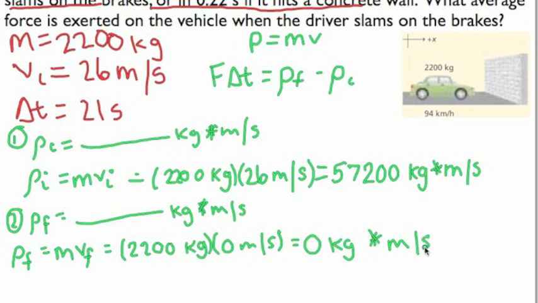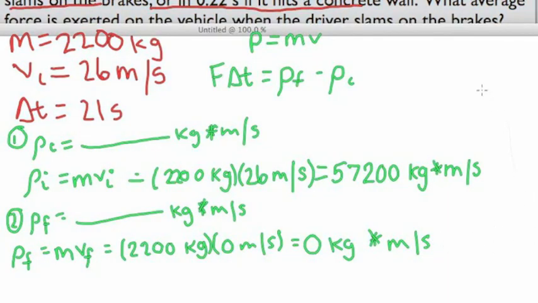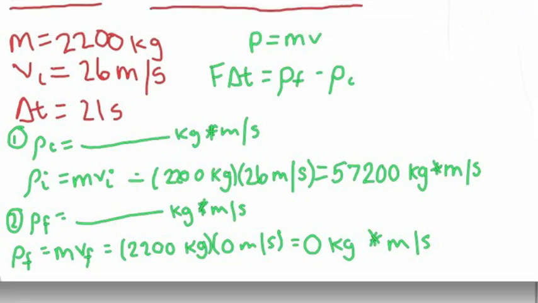Okay? So now that we've got that, we can use our impulse momentum theorem, and I'm going to switch to this other side. I'm going to move this up a little bit if I can.